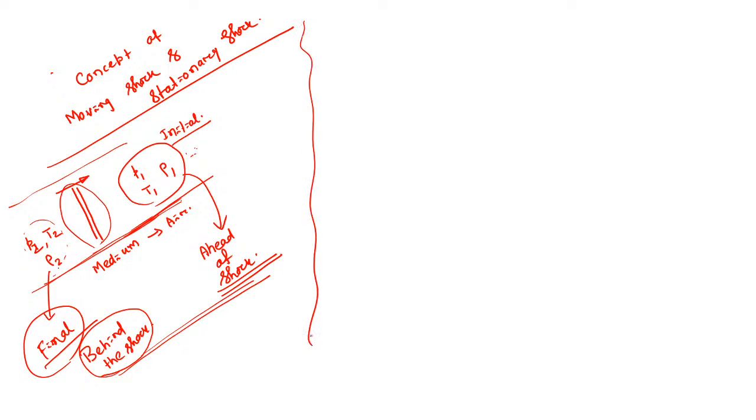In the same concept, consider a stationary shock. Here the shock wave is stationary, so the gas comes in, passes through the shock wave and leaves. When the gas is coming, it has its initial condition P1, T1 and rho 1.